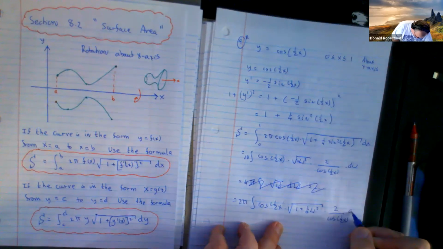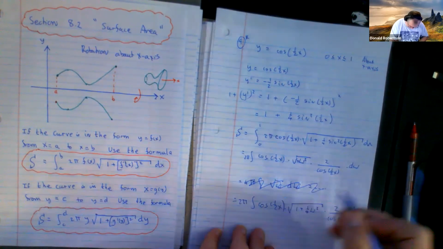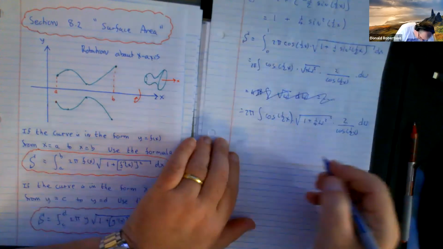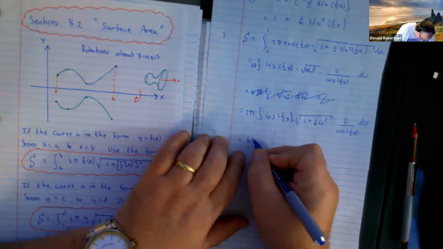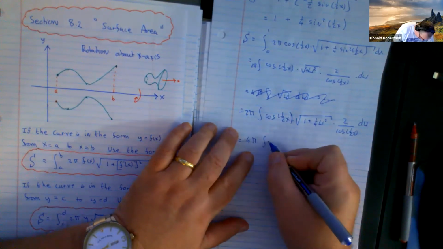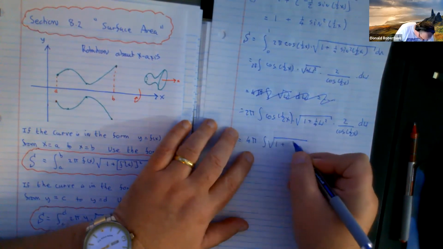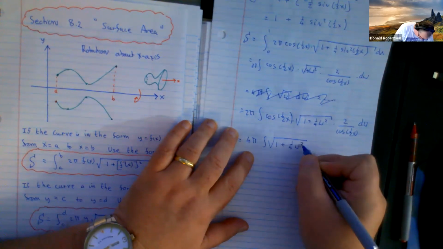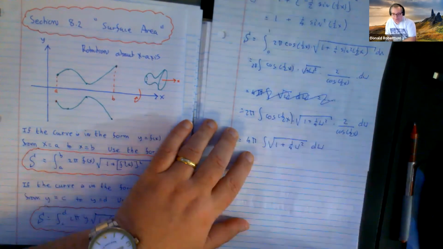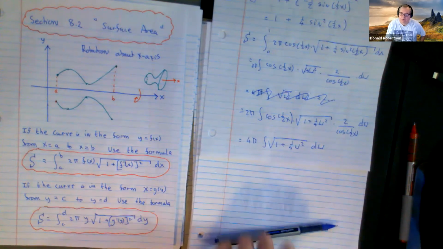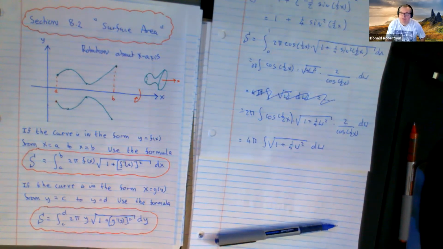So it is worth doing. So I've got 4 pi, the integral of the square root of 1 plus 1/4 u squared du. Okay. Are you, oh, my screens went weird. Are you still seeing this? Yes, you are. Good.